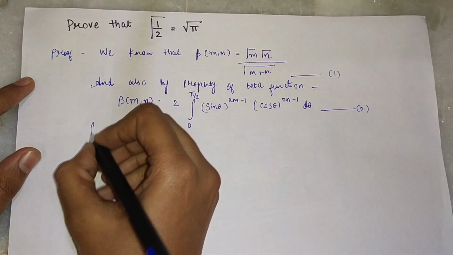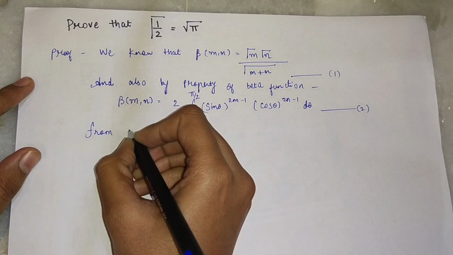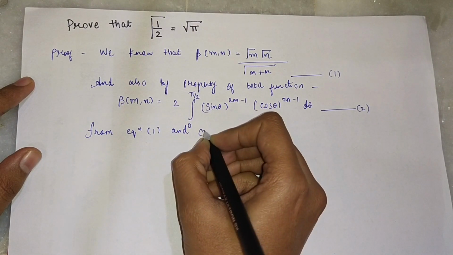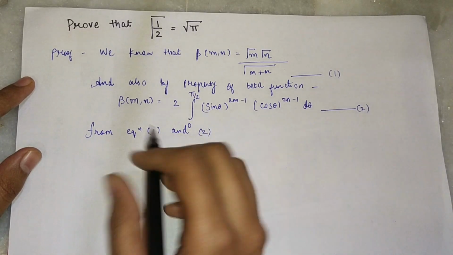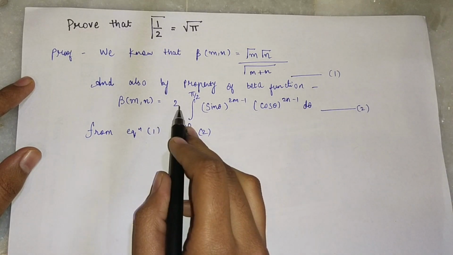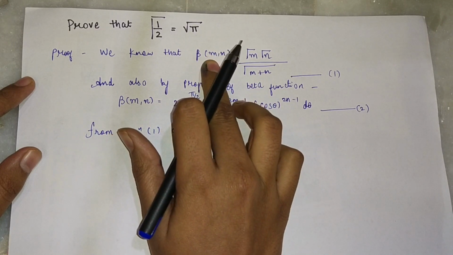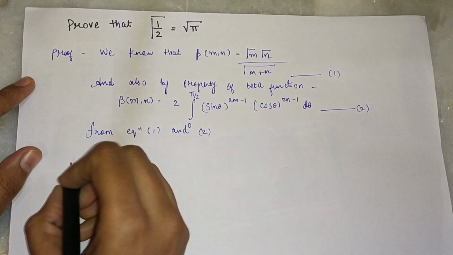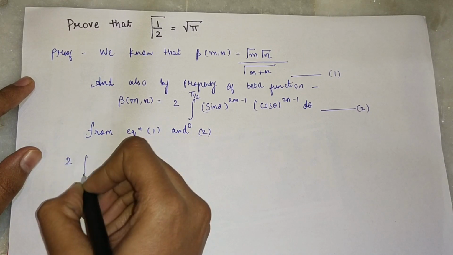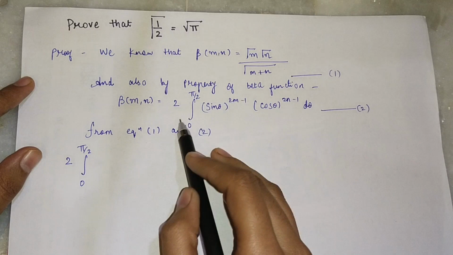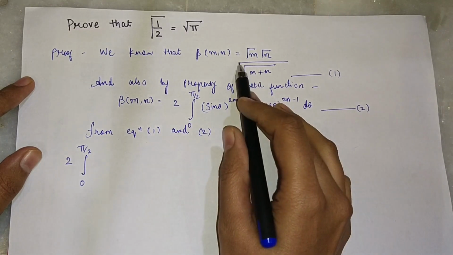Okay, now from equations 1 and 2, we can write this as our beta m comma n. So we can substitute this whole value in equation 1. So from 1 and 2 we can write 2 integral 0 to pi by 2, in place of beta m comma n, we will write this in equation 1.